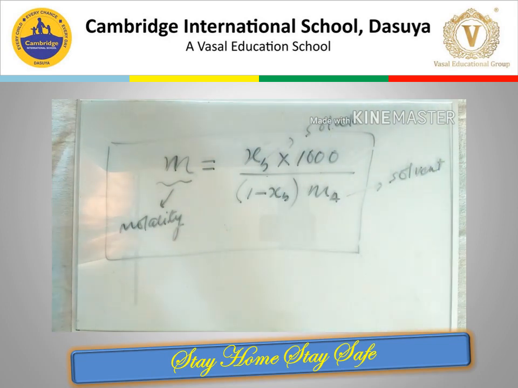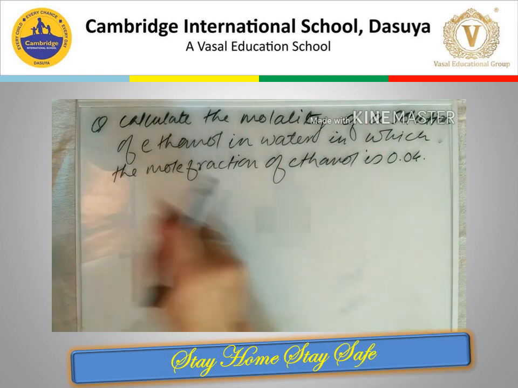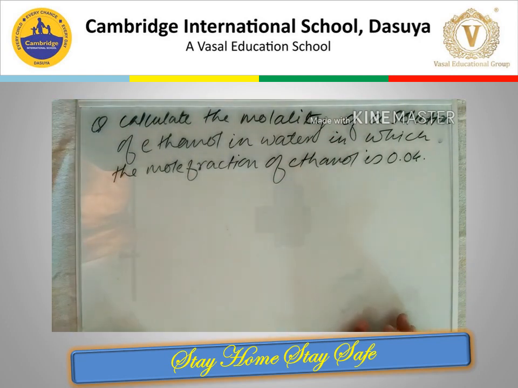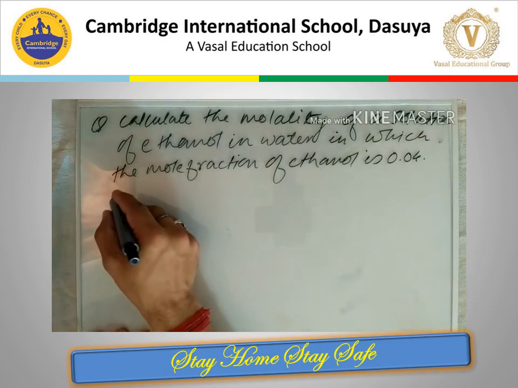We can make use of this relation to find out the molality if the mole fraction of the solute is given. Let us solve the question based on the relation that we have derived earlier. That is the relationship between the mole fraction and the molality.